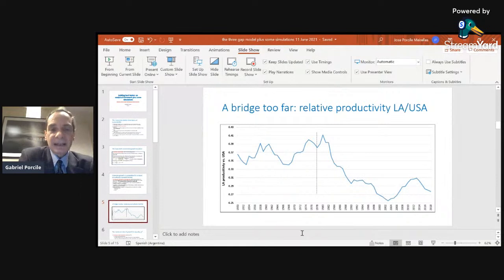this graph shows the evolution of the productivity of Latin American countries on average as compared to labor productivity in the United States.